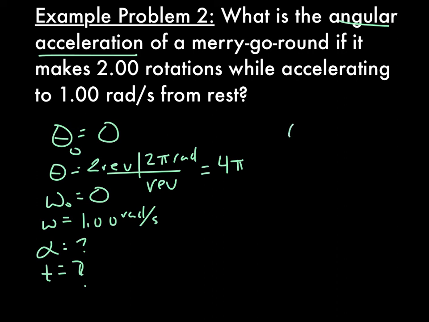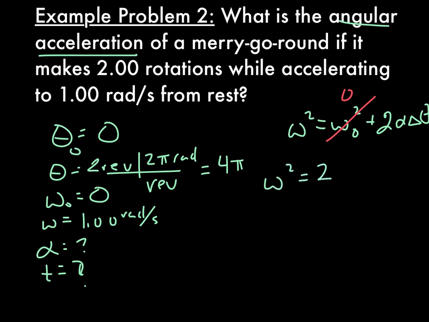Well, we look through this and we get omega squared equals omega naught squared plus 2 alpha delta theta. Now we look at this and we know that omega naught is 0, so we get omega squared equals 2 alpha delta theta.